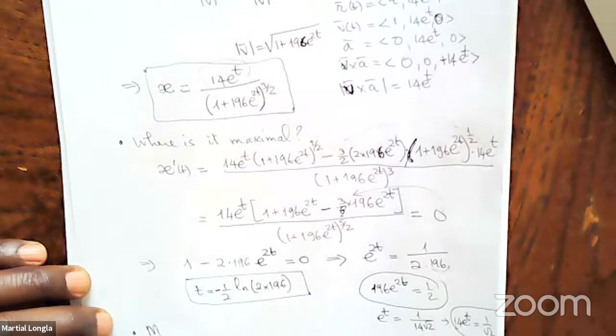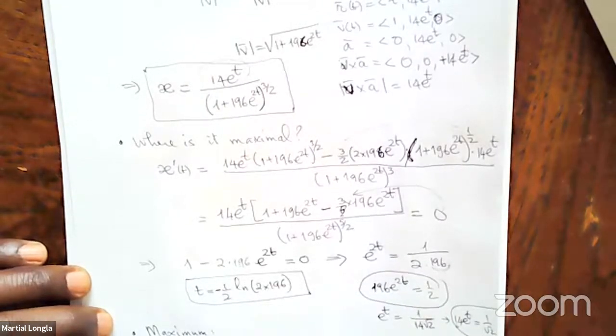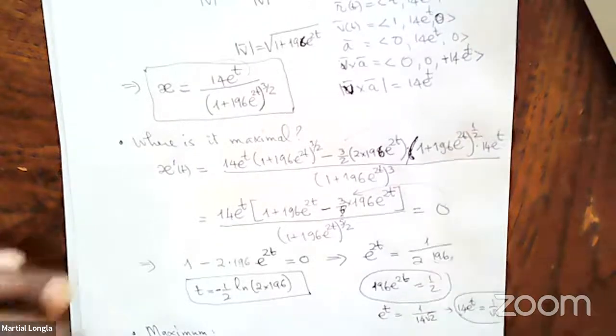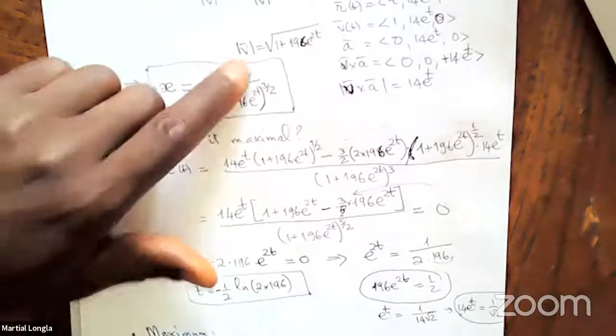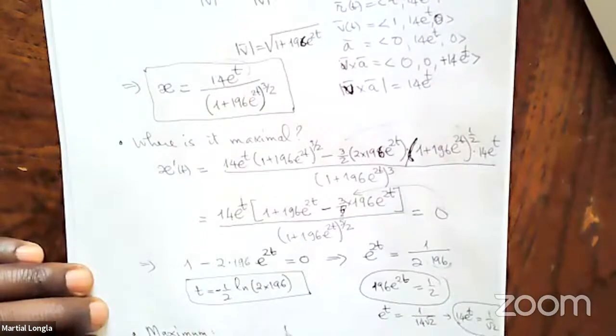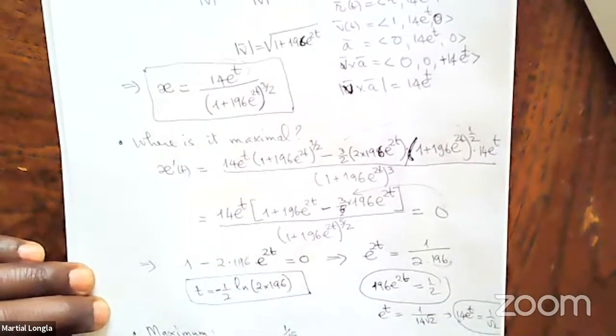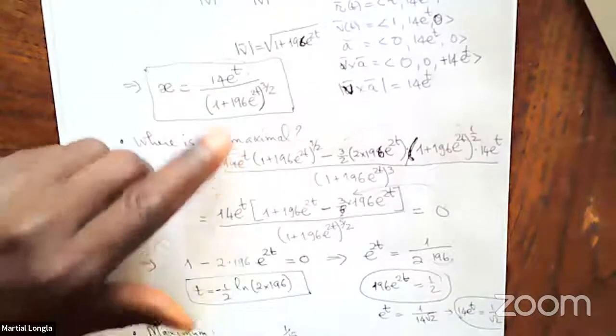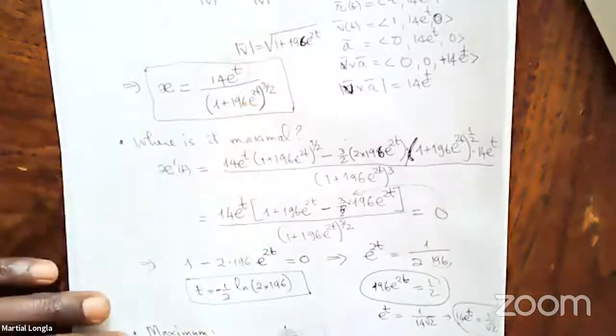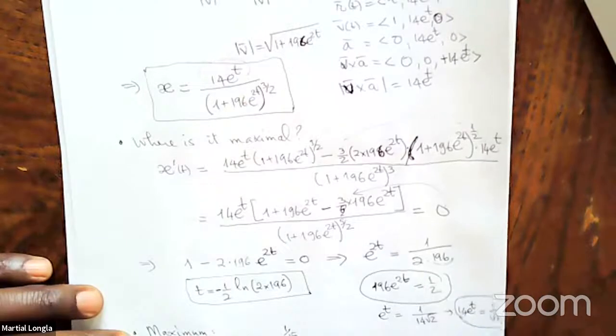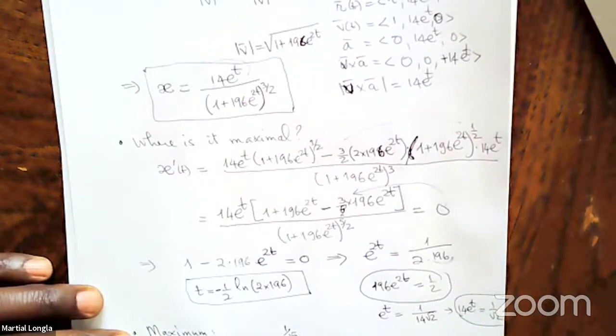So we can find the maximum of that function. 14 e to the t, that's 1 over root 2, divided by 1 plus 196 e to the 2t, 196 e to the 2t, that's 1/2, to the power 3/2.